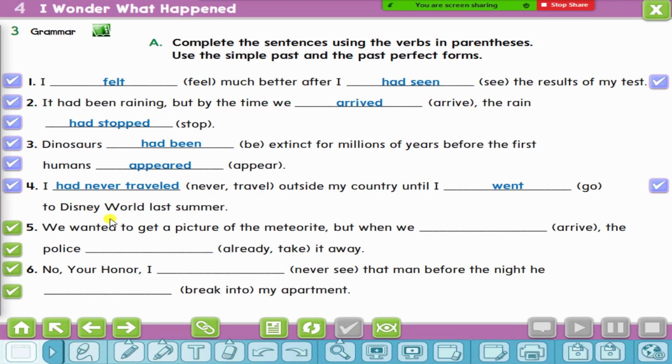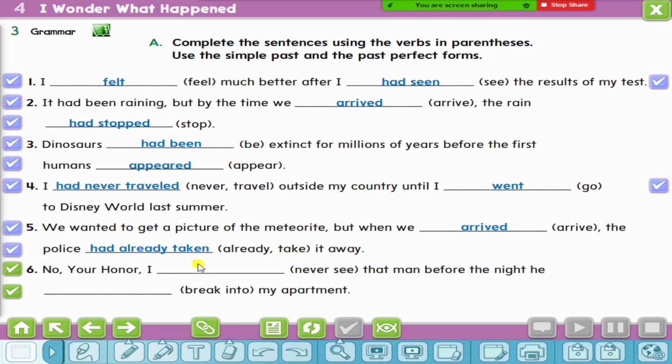Okay, number 5. Okay, Muhammad. We wanted to get a picture of the meteorite, but when we arrived, the police already take becomes had already taken.